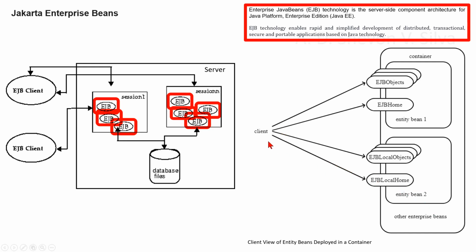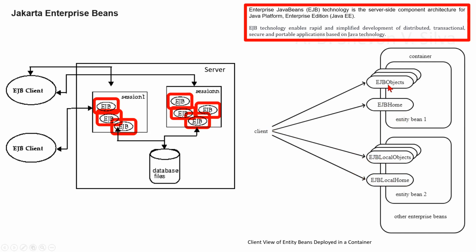Here you can see the client is connected to EJB objects and EJB home, which deal with entity bean 1. Here the client is connected to EJB local objects and EJB local home.